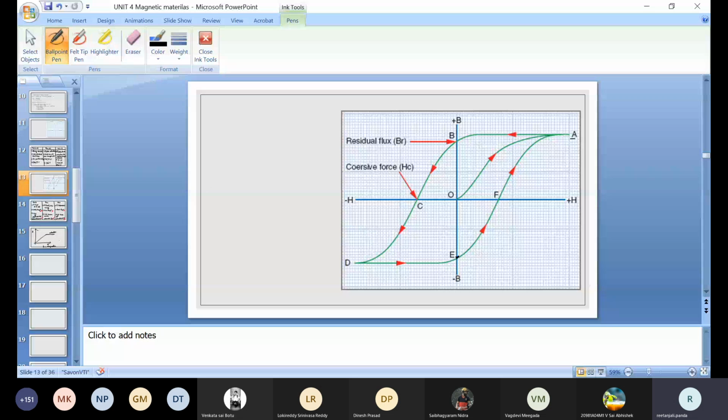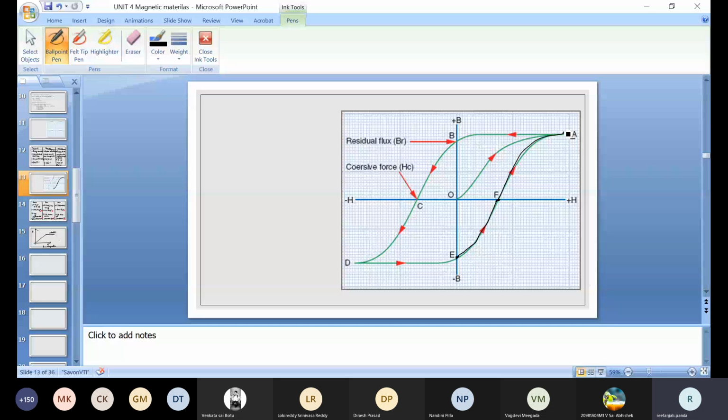If you increase further, we see that when the induction value is 0, at that time the magnetic field intensity is not 0, it has some value. Again, if you increase, it will reach the saturation point. Once it reaches the saturation point, it is not going to follow this line anymore. It will follow this loop.